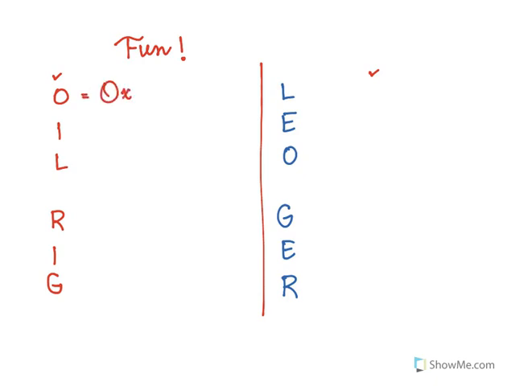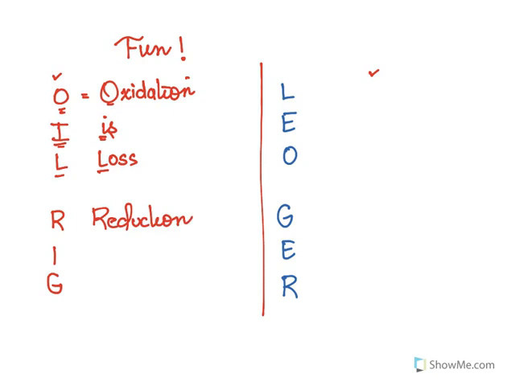Basically, this one means oxidation is loss. This is I. And reduction, R is for reduction, is gain.